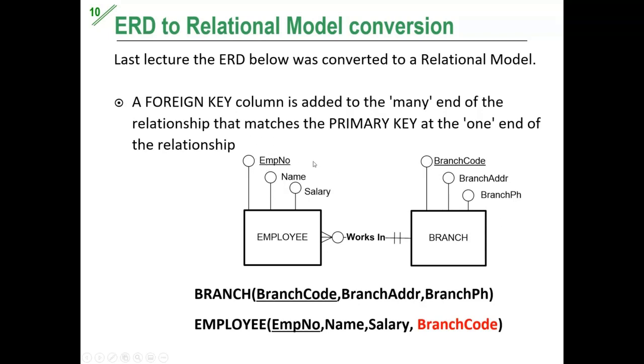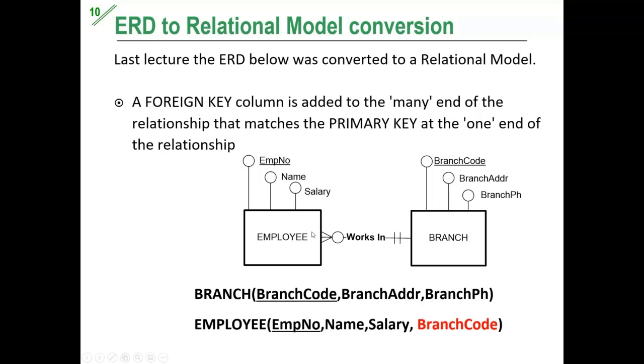The employee number is the primary key here. Branch code is the primary key for the branch. And then there is a many to one relationship. What do we mean by many to one here? One employee must relate to one branch, and one branch may have many employees.